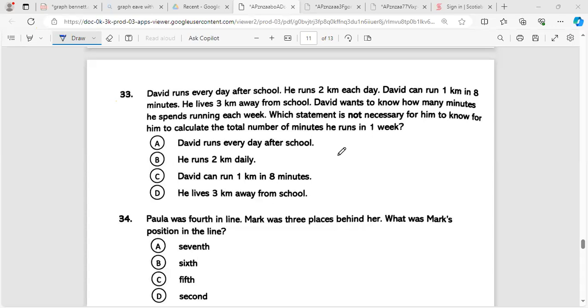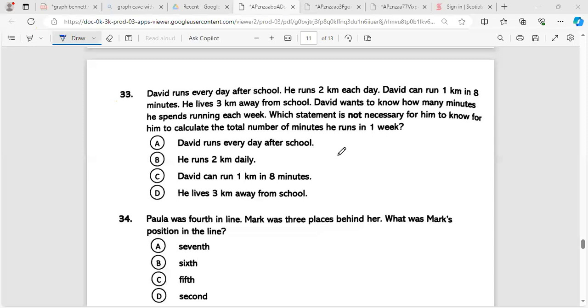Can I answer? All right, go ahead. Sure, I think the answer is B. He runs 2 kilometers daily, and that isn't really necessary to find out the total number of minutes.